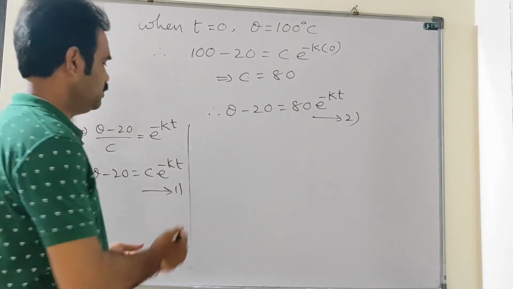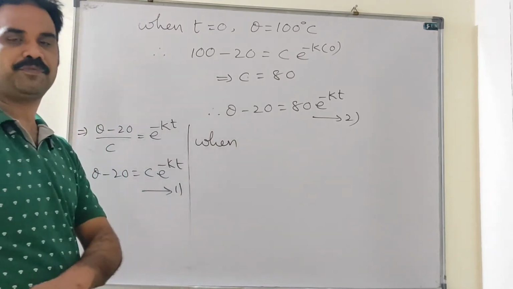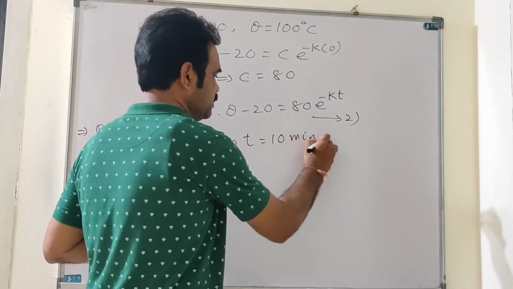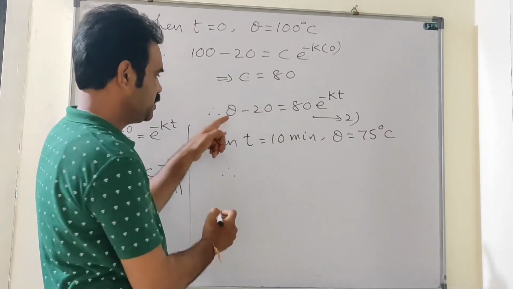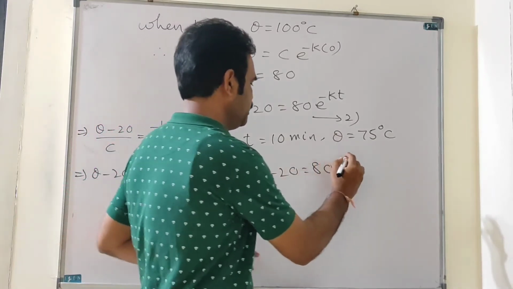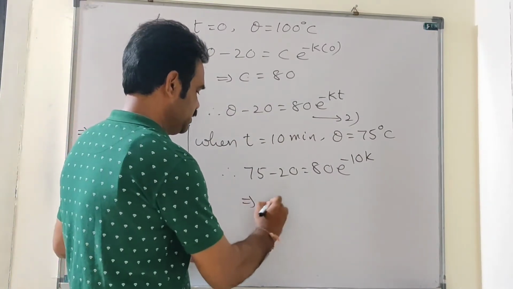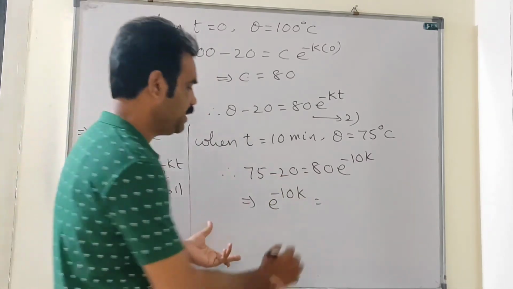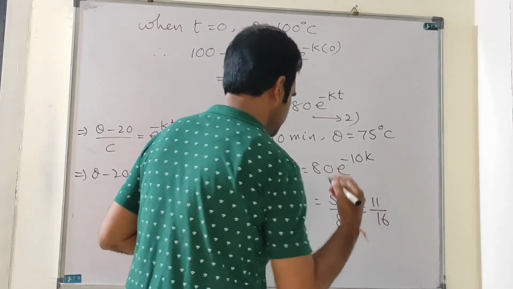Now the temperature of the body drops from 100 degrees to 75 in 10 minutes. That means when t is 10 minutes, temperature is 75 degrees Celsius. Therefore, substitute here: 75 minus 20 is equal to 80 e power minus 10k, since t is 10. Implies e power minus 10k is 55 by 80, that is 11 by 16.